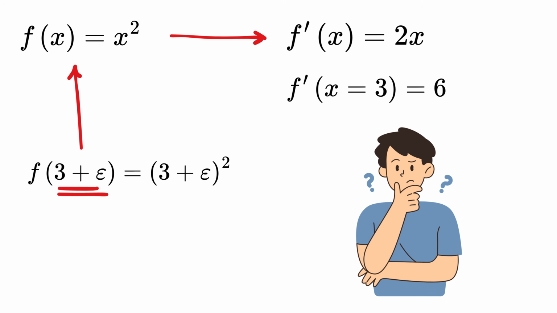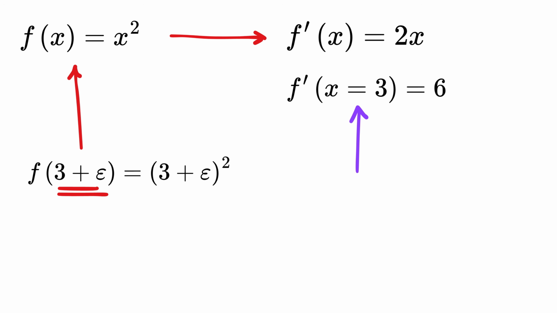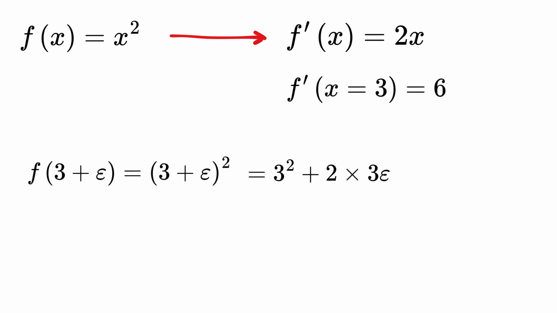Why 3 plus epsilon? Because we're evaluating the function at x equals 3, and that tiny epsilon carries the derivative information through the calculation automatically. Now, square this. We get 3 squared plus 2 times 3 times epsilon, or 6 epsilon, plus epsilon squared. That becomes 9 plus 6 times epsilon, because epsilon squared is 0.